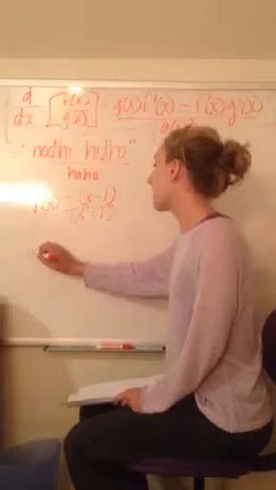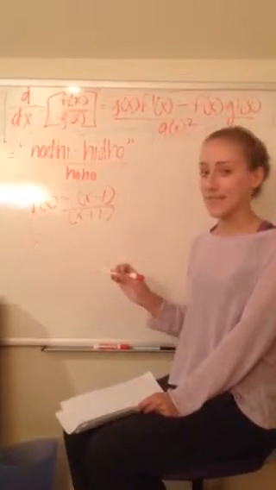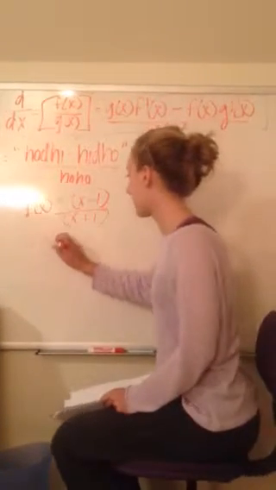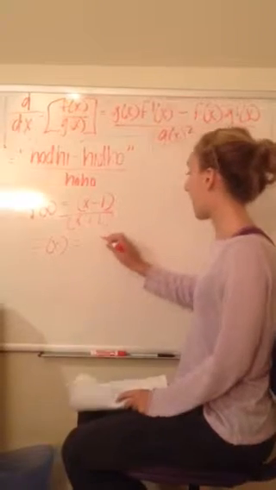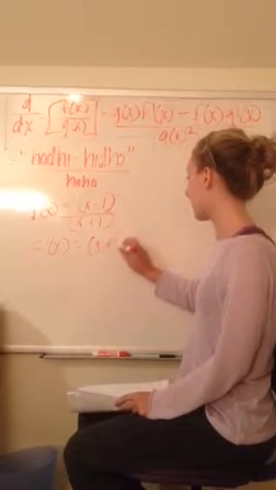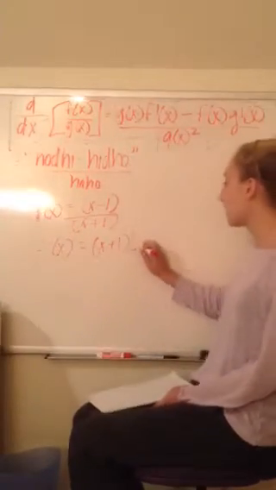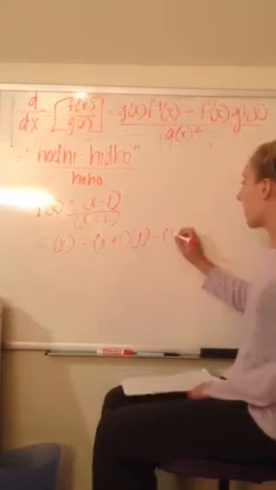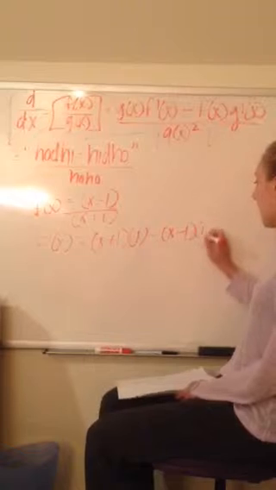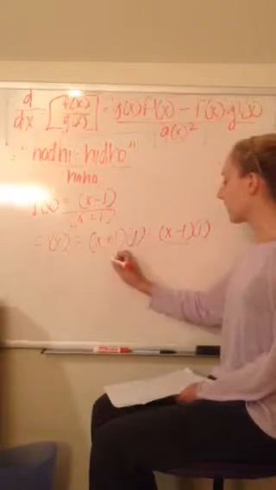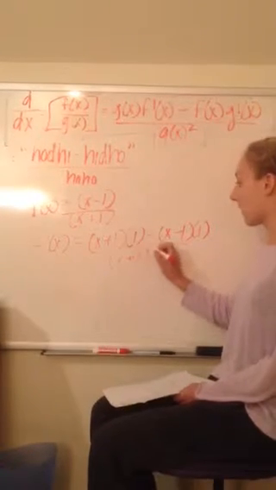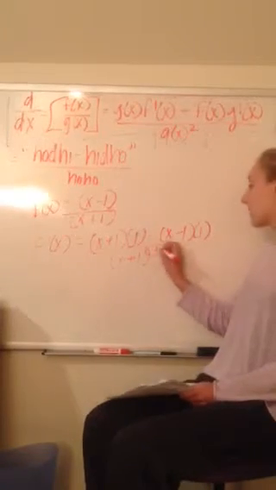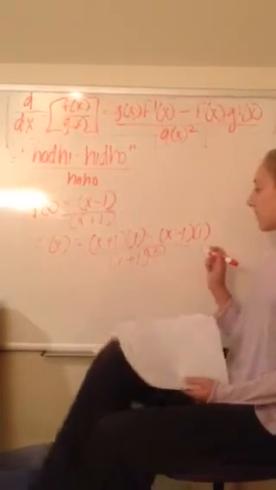To find the derivative of this, we again use ho-de-hi minus hi-de-ho over ho-ho. So ho, x plus 1, times the derivative of the top, which is 1, minus x minus 1 times 1, over x plus 1 squared. Don't forget the squared. It's easy to forget that and drop it off.